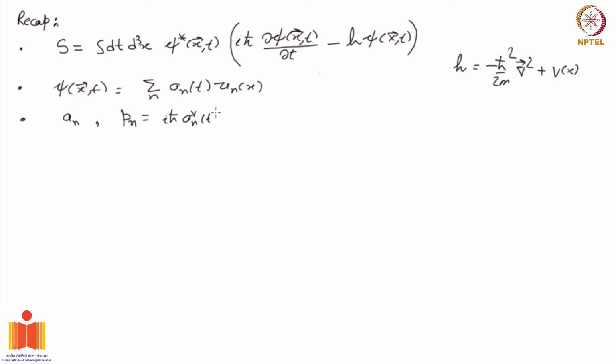Then we imposed the commutation relation. And if you see this, let me suppress t, you got delta n m.